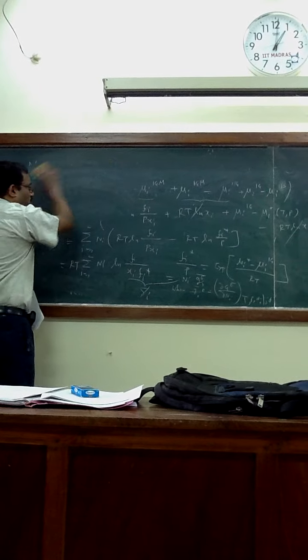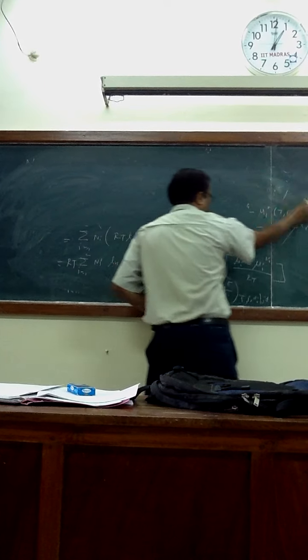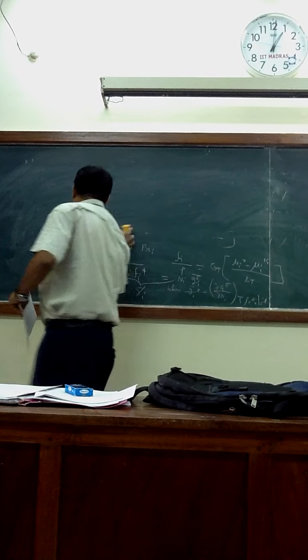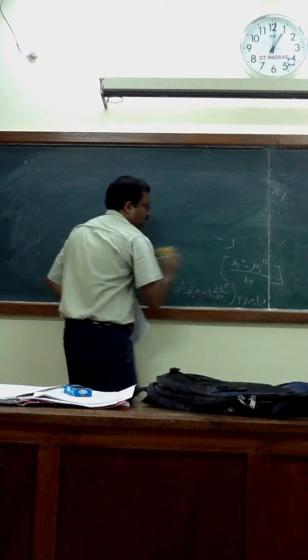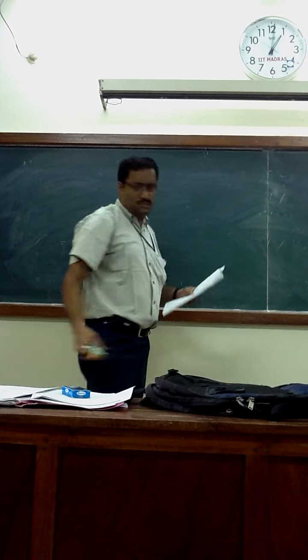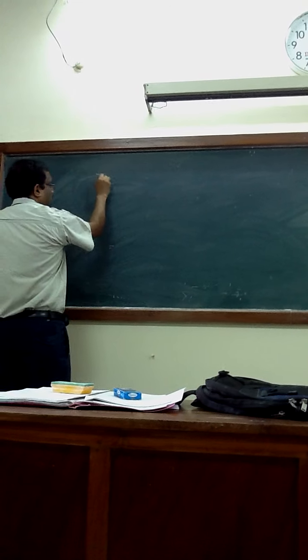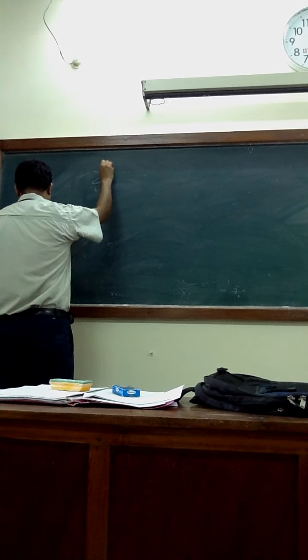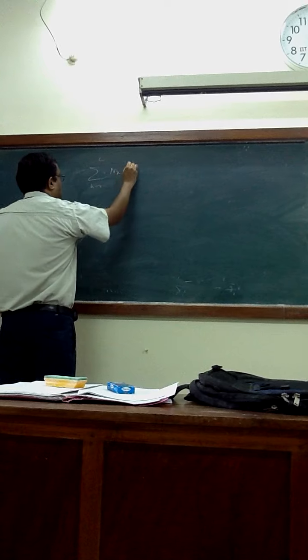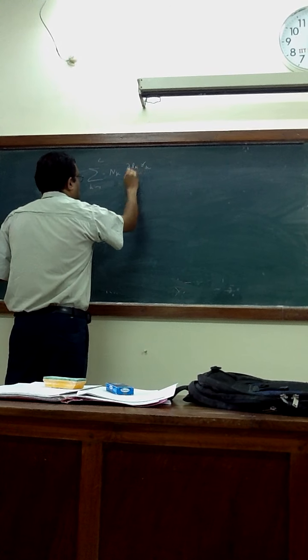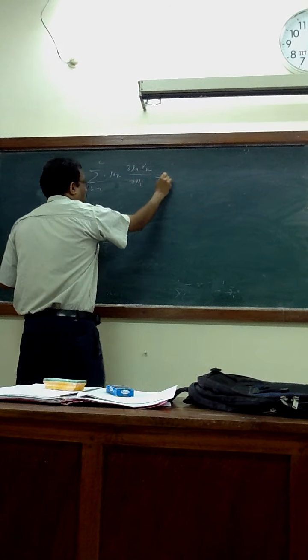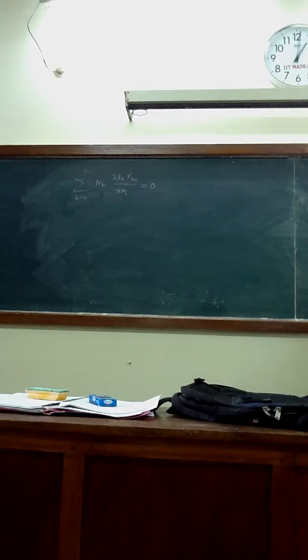So what you got gives the Gibbs-Duhem relationship. So for the activity coefficient you have summation k equals 1 to C Nk ∂ln gamma k/∂Ni equals 0.